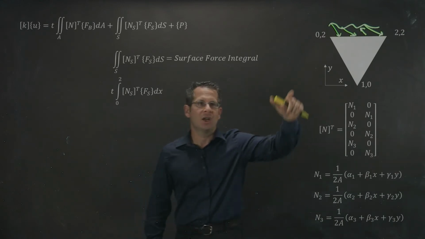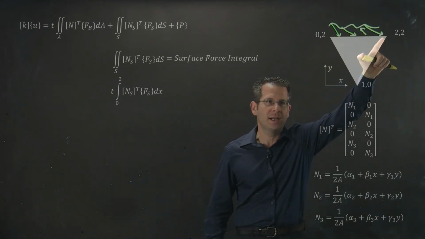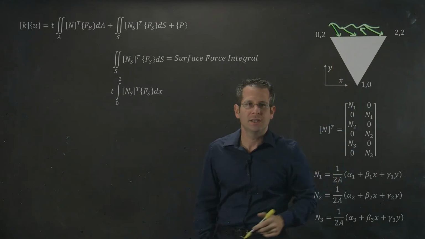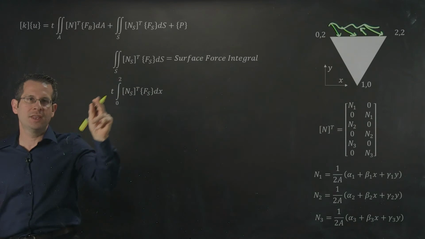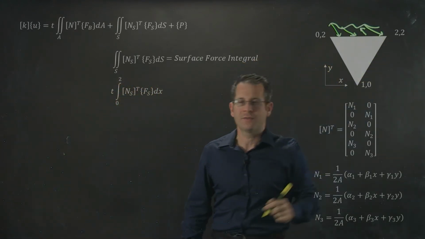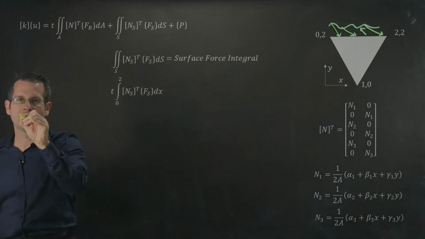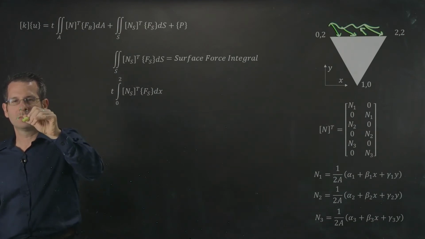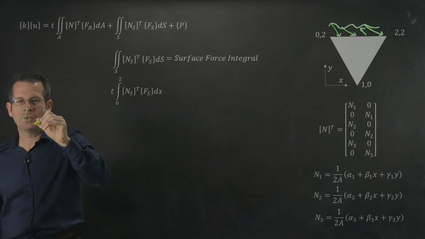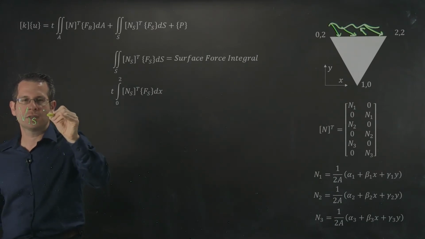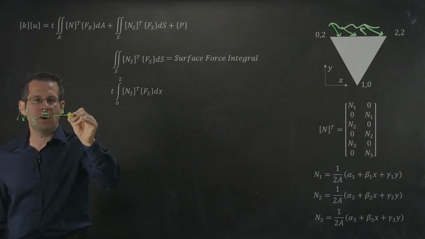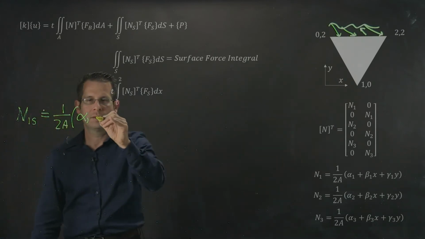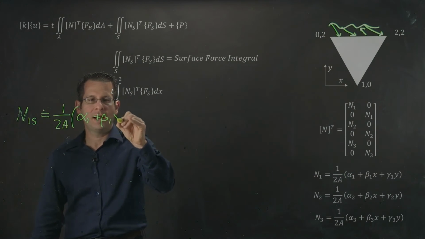In this case, along this surface and only along this surface, my y is a constant. So N1 along the surface is equal to 1 over 2 times the area, alpha 1 plus beta 1 x.